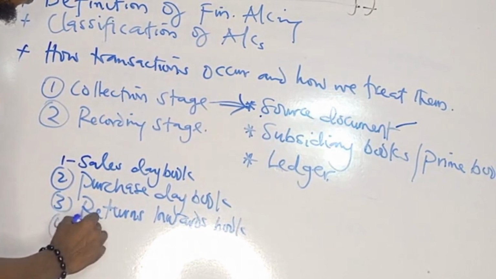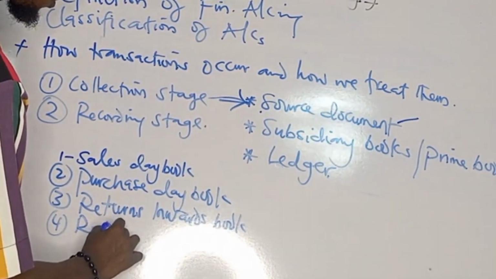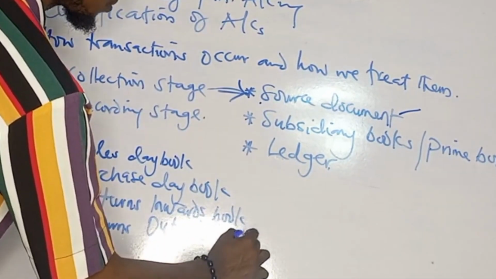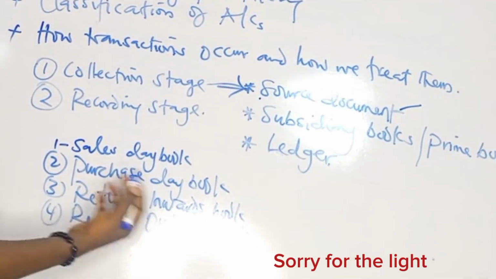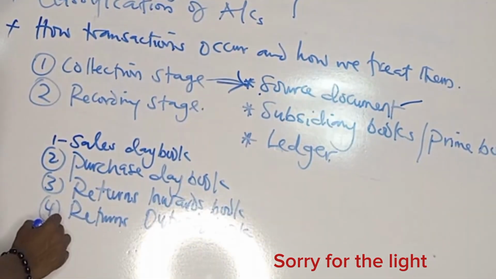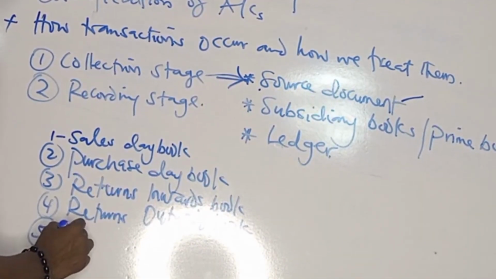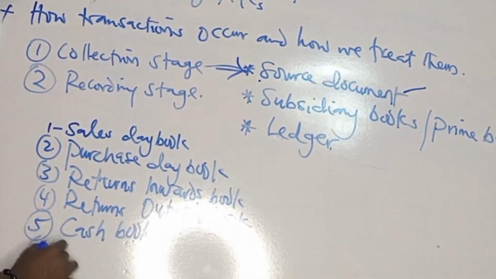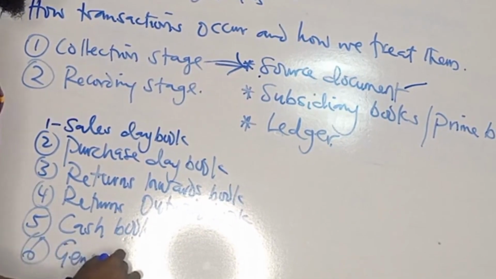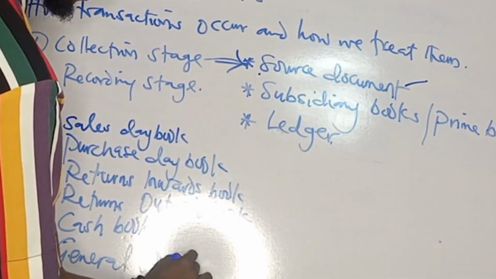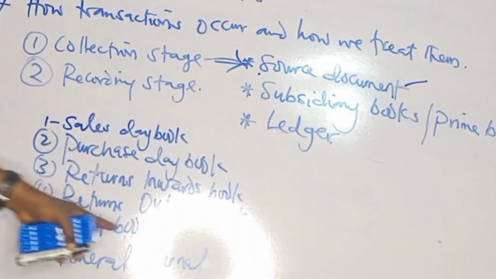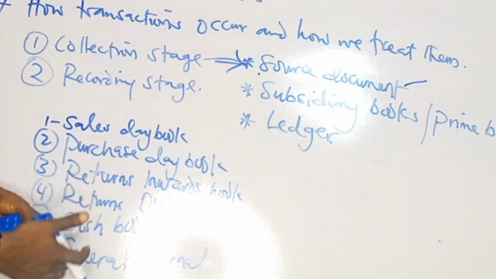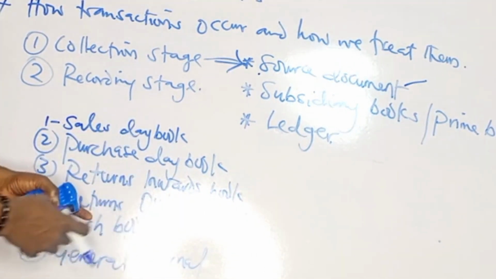Number 4 is the returns outward book, or purchase returns. Number 5 is the cash book. Number 6 is the general journal. So these are the subsidiary books: the sales day book, the purchase day book, the returns inward book, the returns outward book, the cash book, and the general journal.